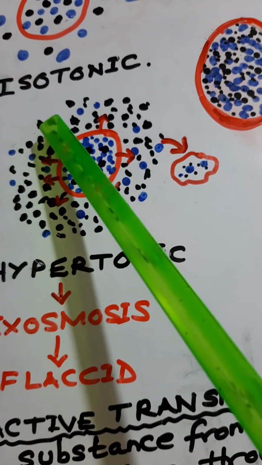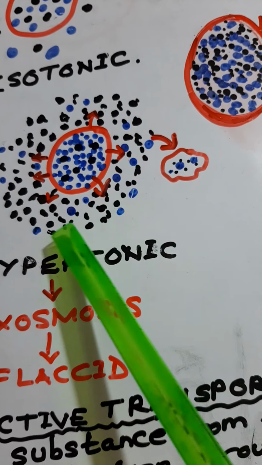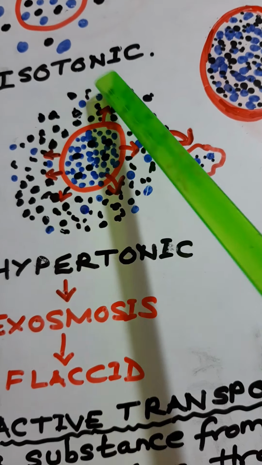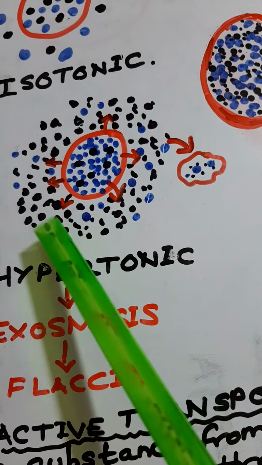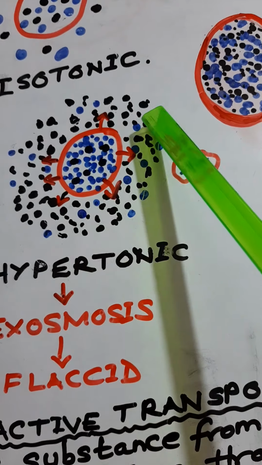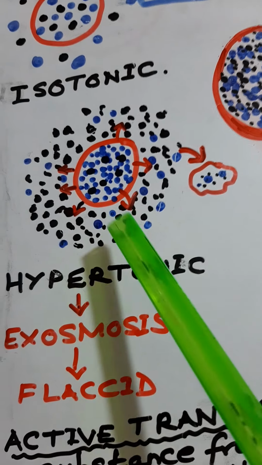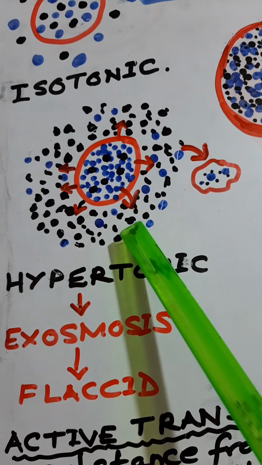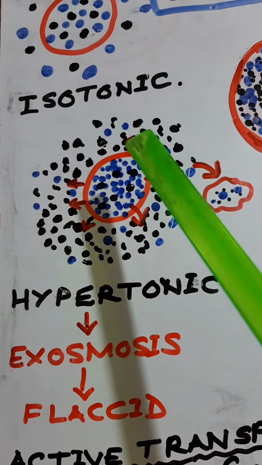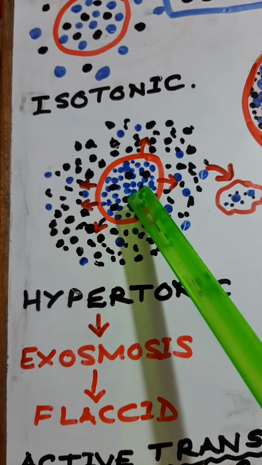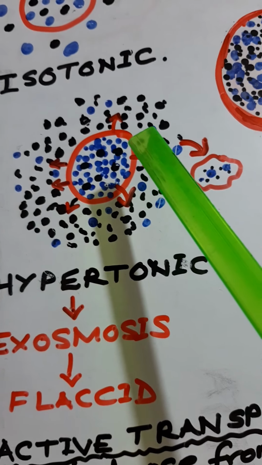Lots of solutes outside, follow the black dots, lots of solutes outside, and fewer water molecules outside. Lots of solutes, fewer water molecules. The solution is of higher concentration, but water is more inside, and water always moves from its higher concentration.